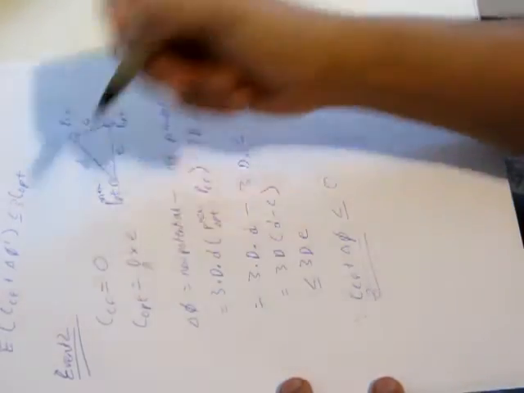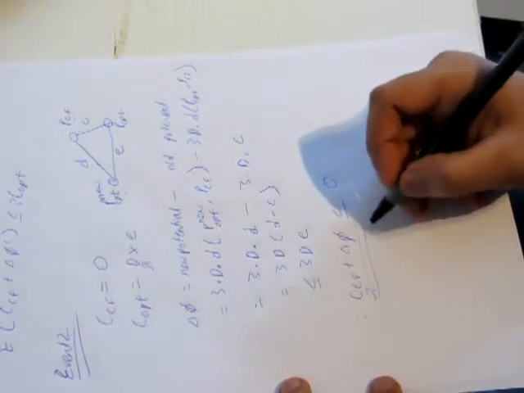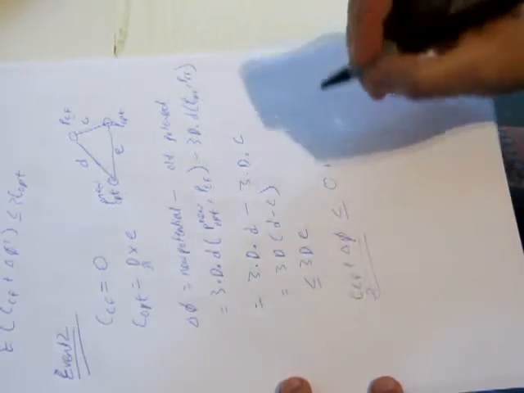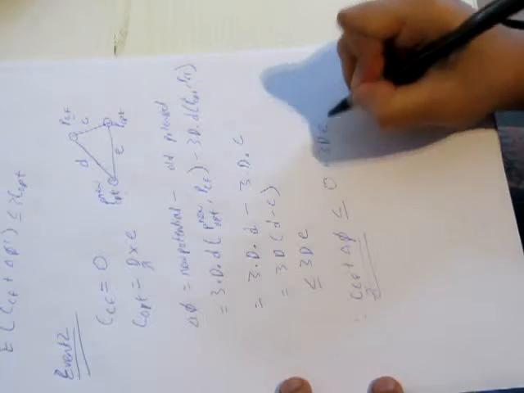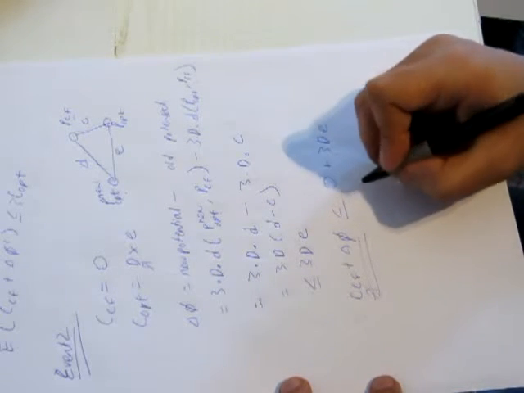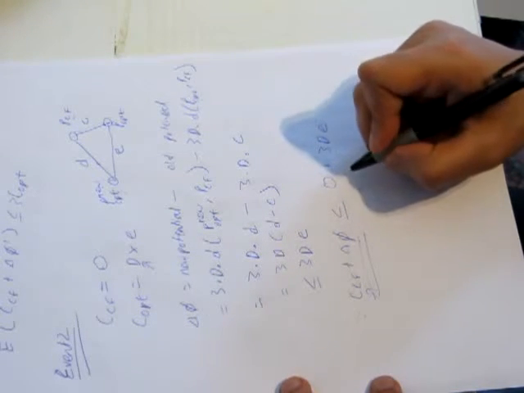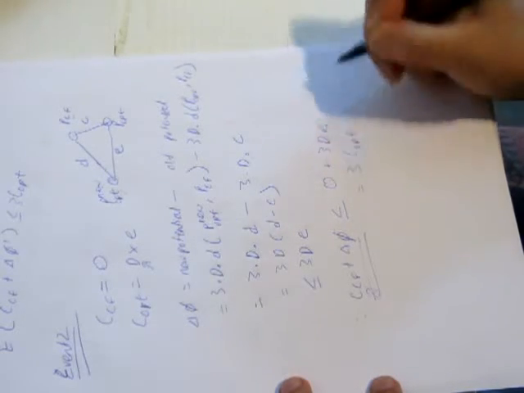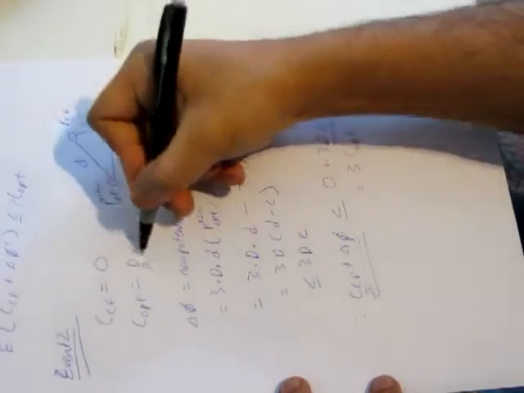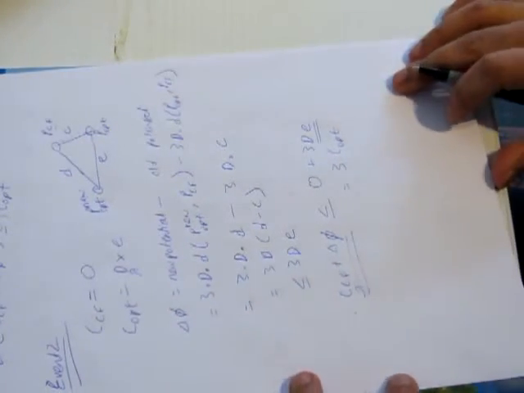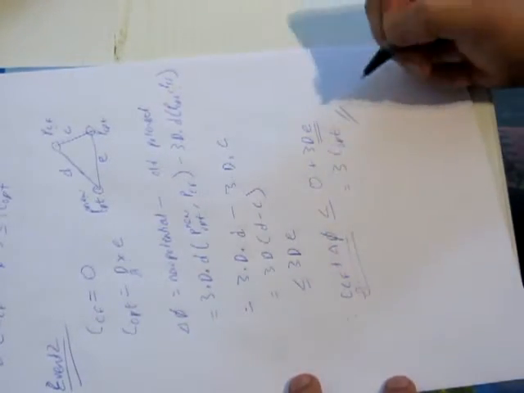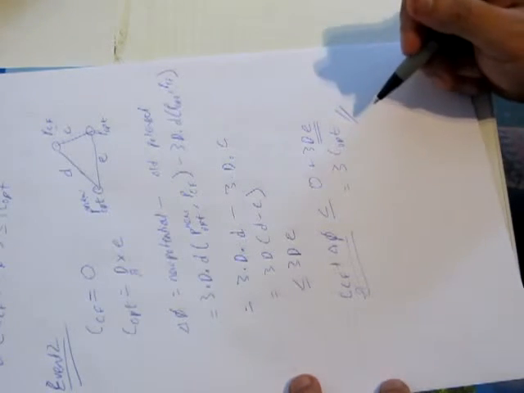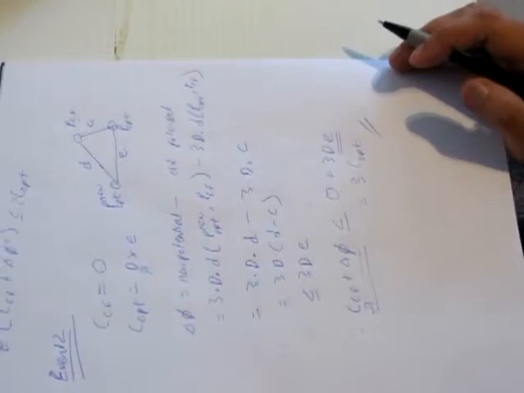From here it's 0, and the value of this is less than or equal to 3DE, which equals 3 C_OPT, because this is the OPT value, the optimal value. Hence for the second event we prove the same, therefore we finish the proof.